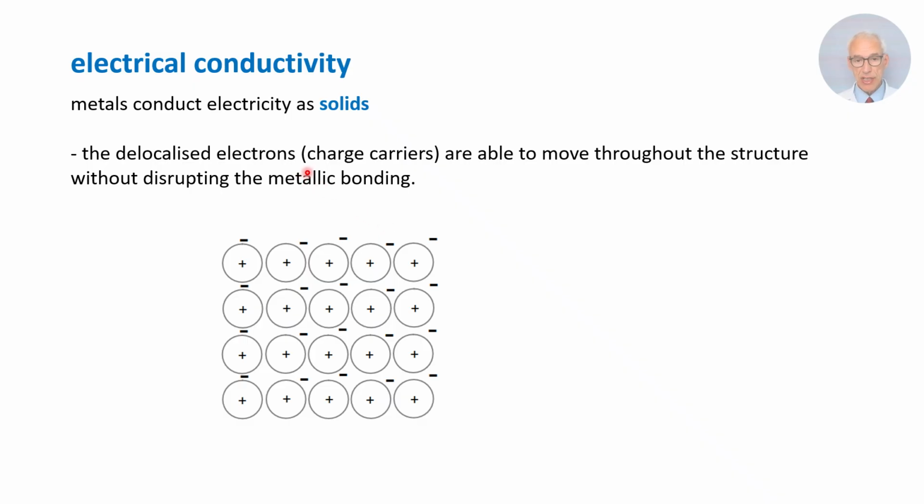The delocalized electrons, which are the charge carriers, are able to move throughout the structure. So this electron here can move wherever it wants to go. And that is true for any electron.